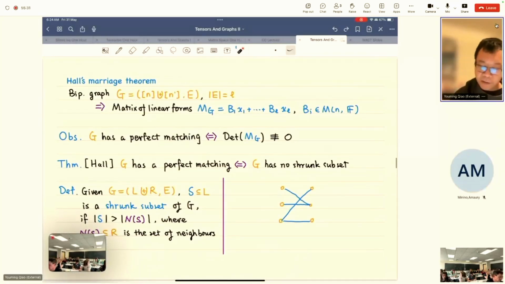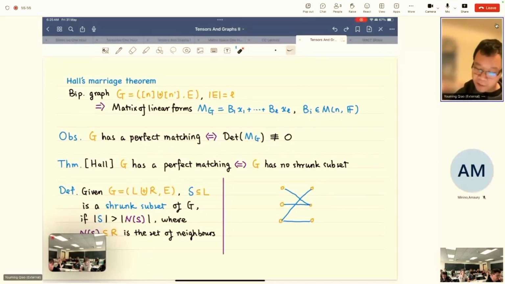The point is that there is a so-called Hall's marriage theorem, which is also a pretty basic and standard result in combinatorics. That is, a bipartite graph G has a perfect matching if and only if G has no strong subset. What is a strong subset?